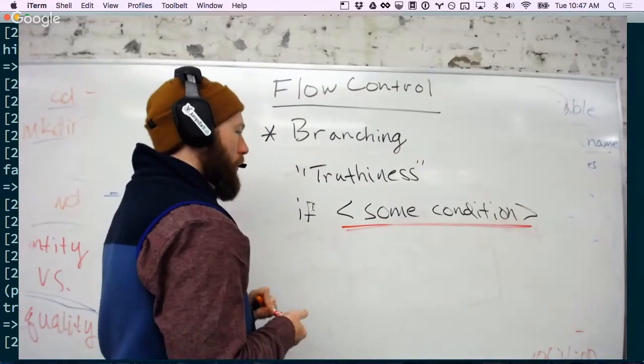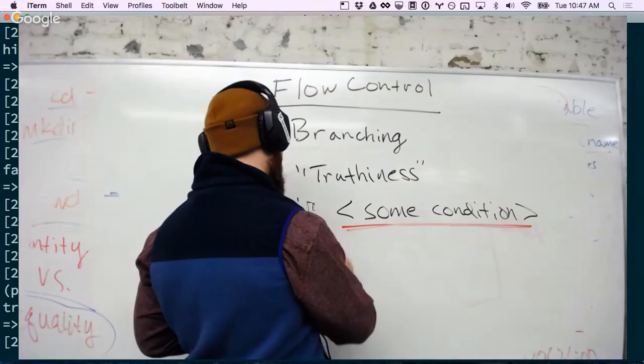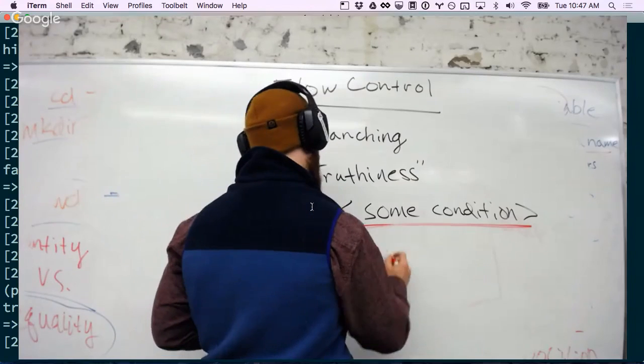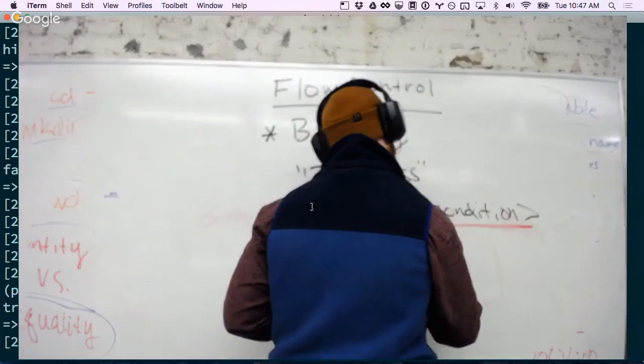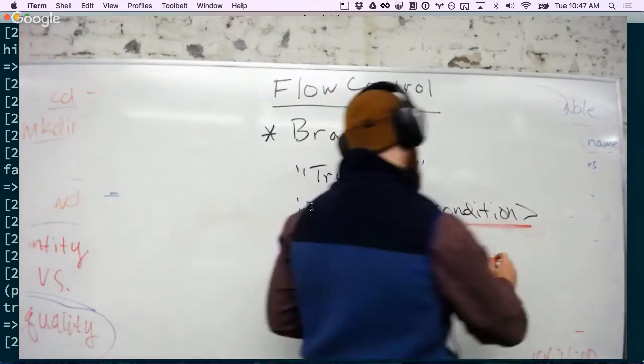And the behavior that we expect to see there is pretty straightforward. Nil and false are treated as falsy.